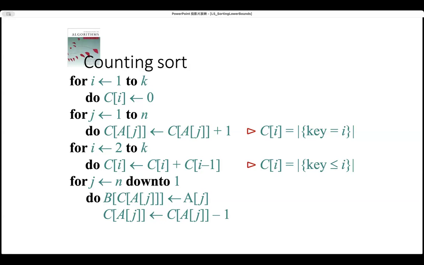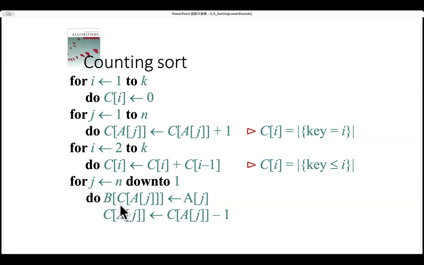I understand that this algorithm may not be easy to understand. Why? Because there are too many parentheses inside parentheses. You see, you actually have 4 loops, and the most difficult part is probably here.